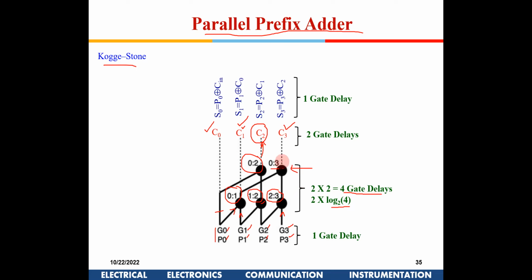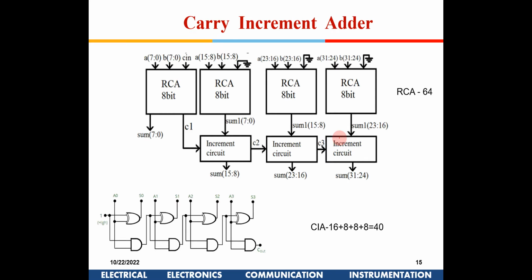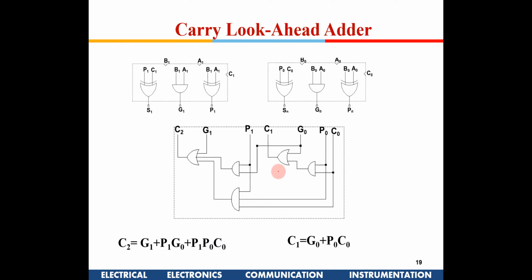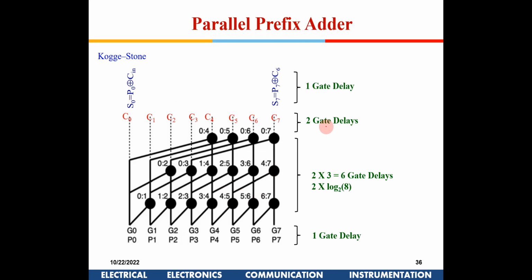Again, from G0 and P0 to generate a carry, it will take 2 gate delays, right, that we saw early on. If you go to the very first few slides, from generate and propagate, it is going to take 2 gate delays. So that is what it is taking out here, 2 gate delays to generate the carry and 1 more gate delay to generate the sum.